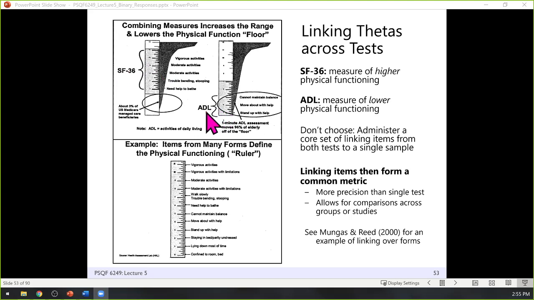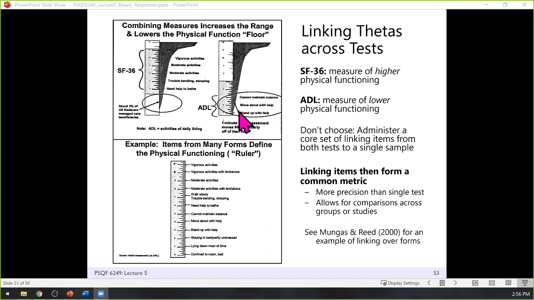And so there's a checklist that's known as the Activities of Daily Living that has items on it about individual self-care, basically the lowest levels of functioning. So if you were trying to decide which of these scales do I give in my sample, you don't necessarily have to just pick one or the other. There's nothing that stops you from picking the items from each that would be most appropriate for what you're doing.